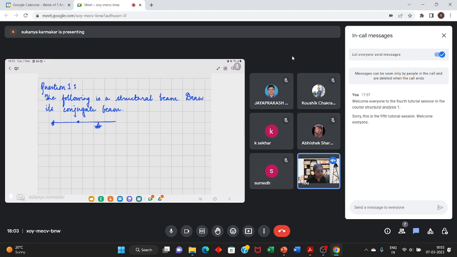So this is the first question. A beam is given and we have to draw its conjugate beam. The basic concept in a conjugate beam is that the load on the conjugate beam will be equal to the curvature of the original beam. In this beam, no loads have been specified.